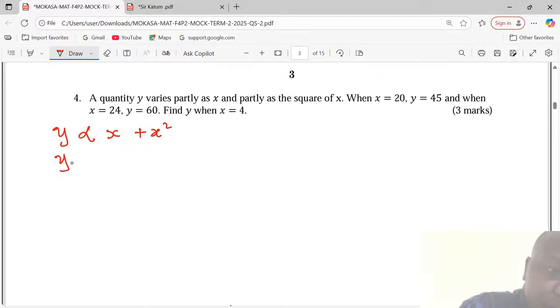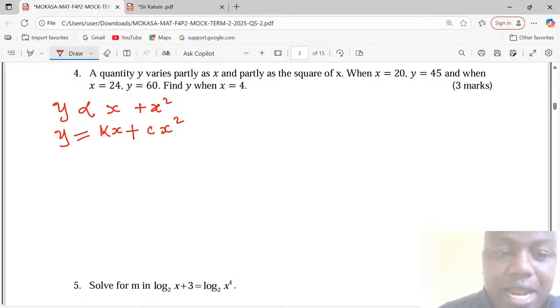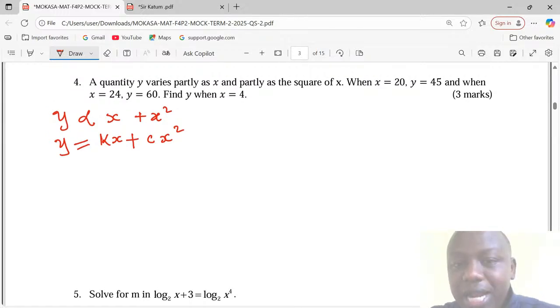So y, we can now introduce equal signs. Y equals, once the equal sign is introduced, we also have to introduce a constant. So we can say this is equal to k plus another constant c. K should be multiplied by x and c by x squared. With this interpretation, we can go to the statement again and see that x equals 20 when y is 45.